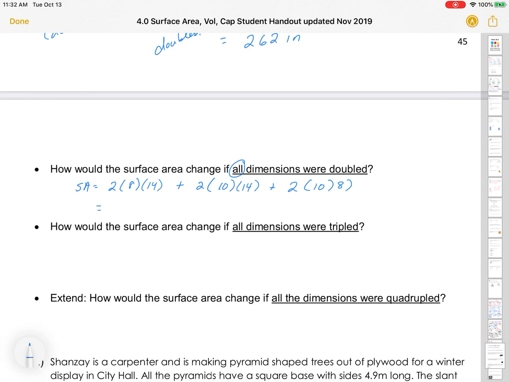I get 224 for the first, 2 times 10 times 14 is 280, and 2 times 8 times 10 is 160. And I get 664 inches squared.